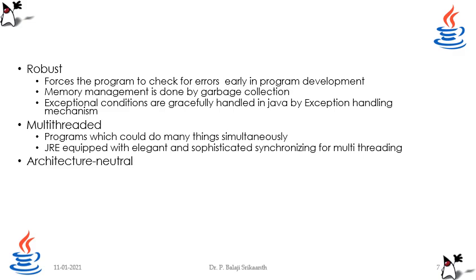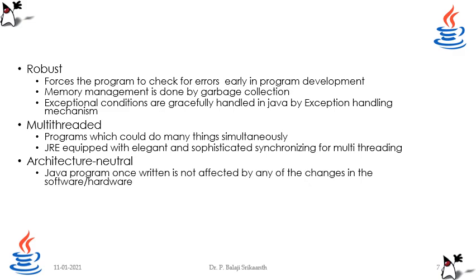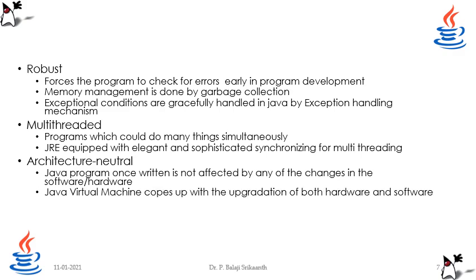Architecture neutral. Java programs are architecture neutral. That is, changes in the underlying hardware as well as the software, that is, upgradation, sometimes it might be upgraded. Such a situation will not affect the execution of the program created, because this is taken care of by the Java Virtual Machine.